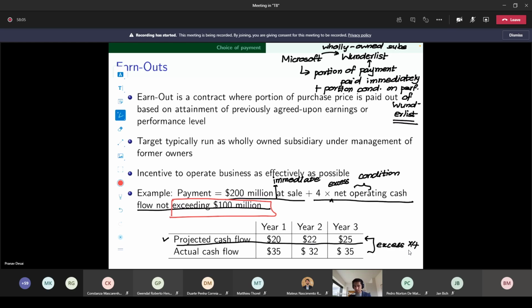So if this excess is, say, something like 400 million, excess times 4 is 400 million, Microsoft still ends up paying 100 million. So in that sense, it caps this bonus from efficiency. So from the perspective of Microsoft, it's maintaining this option to pay a certain amount, which is conditional on future performance, and it's capping the actual amount that will be paid out.